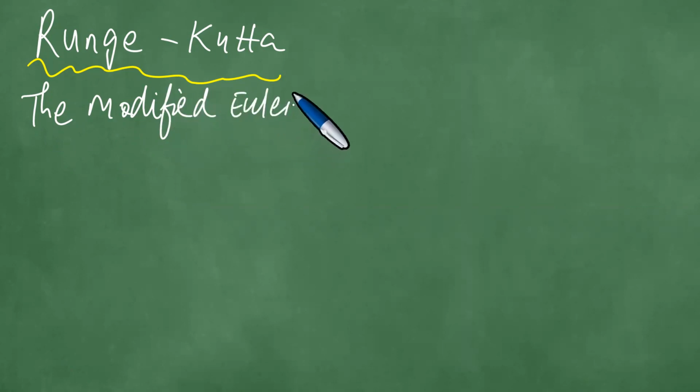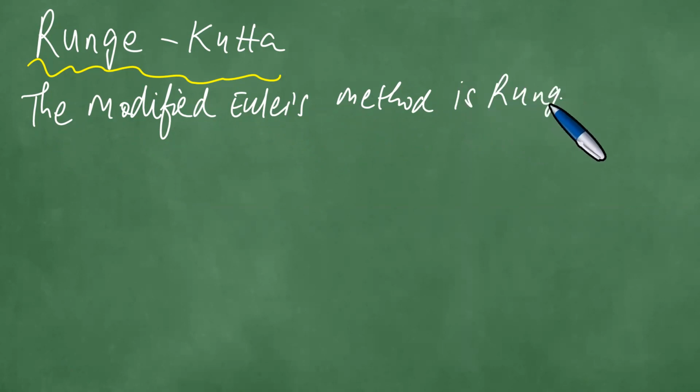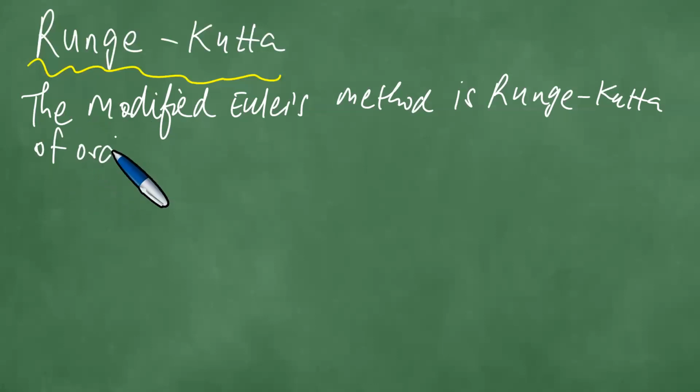The modified Euler's method is Runge-Kutta of order 2. Okay, we are here still.